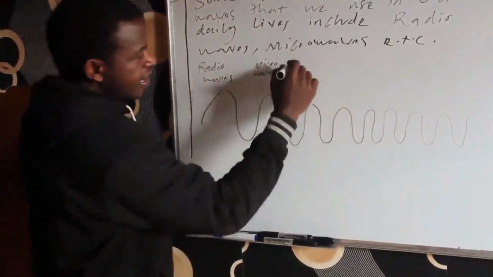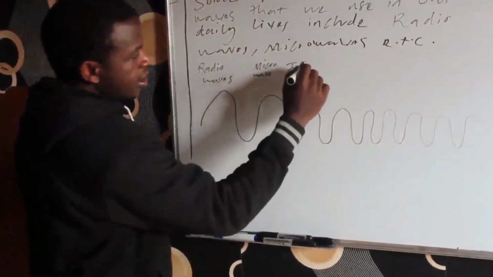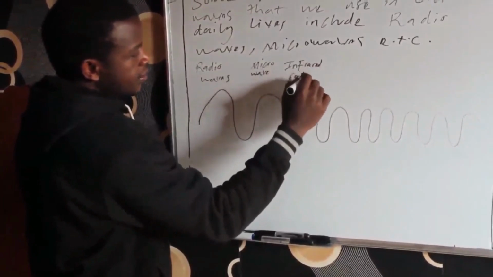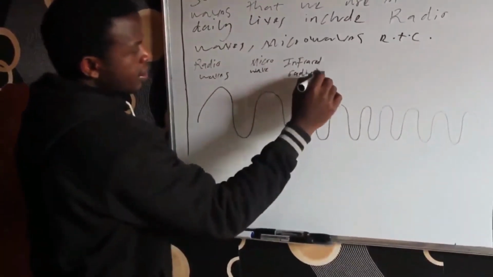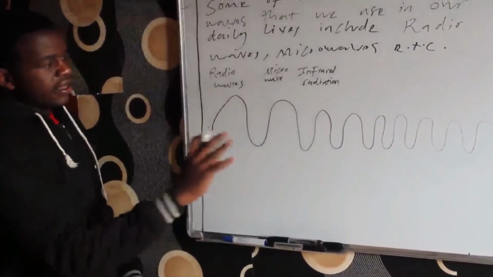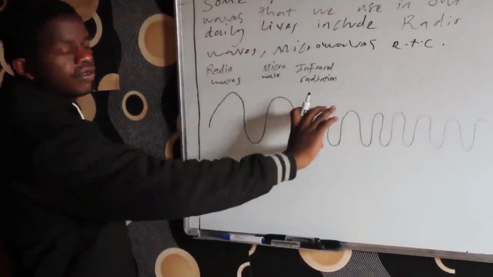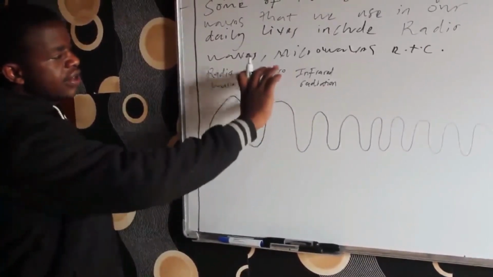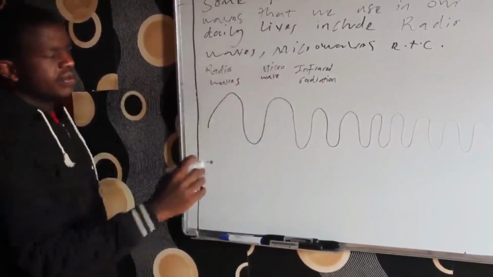Then we have the infrared radiation. These also have a large wavelength, but less than that of the microwaves and the radio waves.